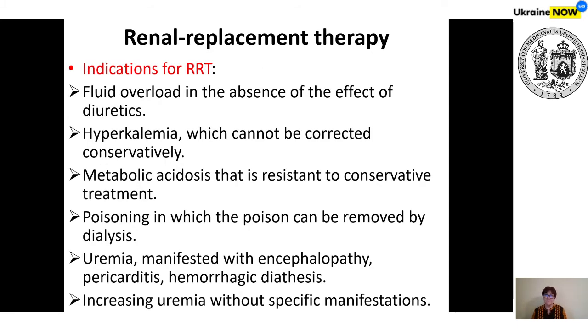Of course, renal replacement therapy or hemodialysis is the only effective method of treatment of acute kidney failure. Indications for renal replacement therapy are the following: fluid overload, hyperkalaemia, metabolic acidosis, poisoning, uraemia, increase in uremia without specific manifestations.